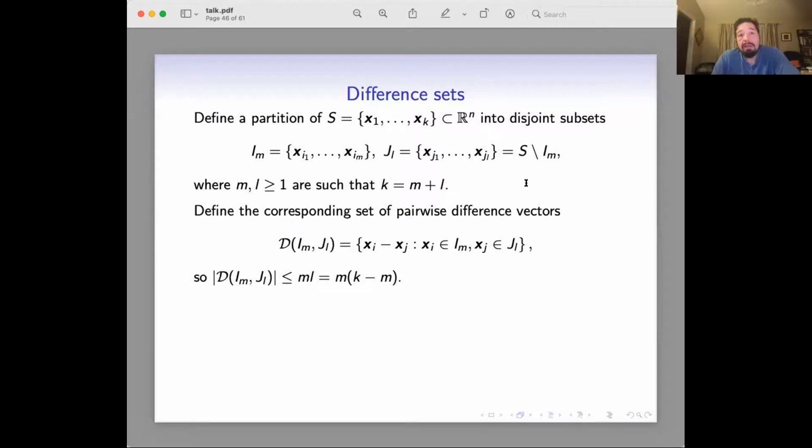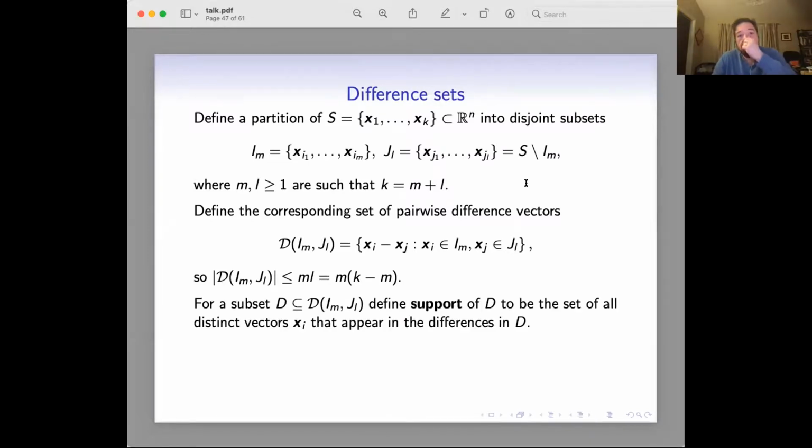So then let me build a different set. So xi minus xj, where xi's come from one partition, xj's from the other partition. So the total number of such difference vectors will be no bigger than m times l. Now suppose I pick some subset of this total difference set.